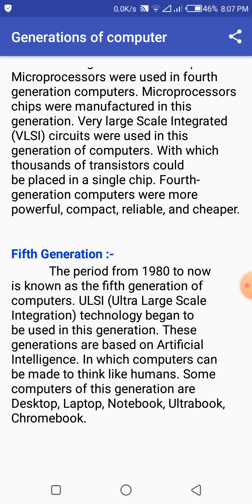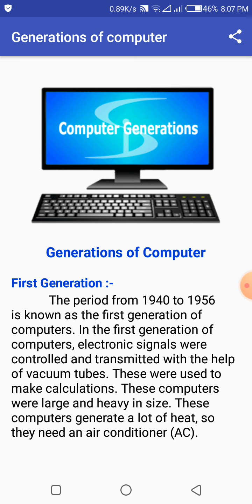This generation is based on artificial intelligence, in which computers can be made to think like humans. Some computers of this generation are desktop, laptop, notebook, ultrabook, Chromebook.